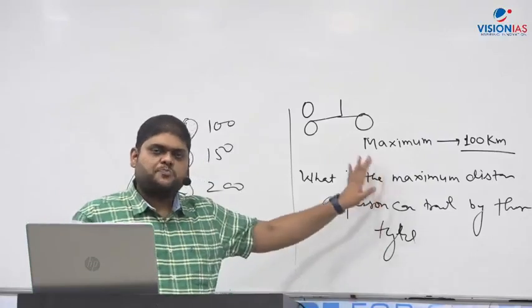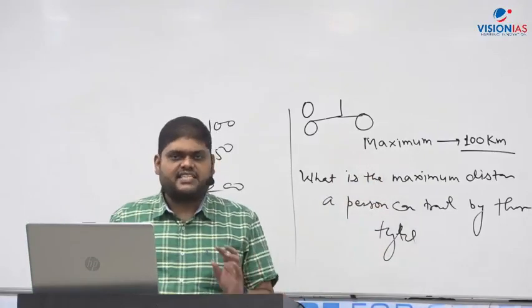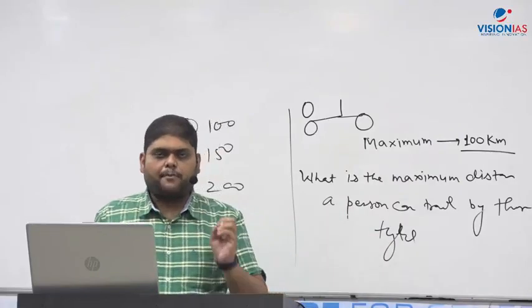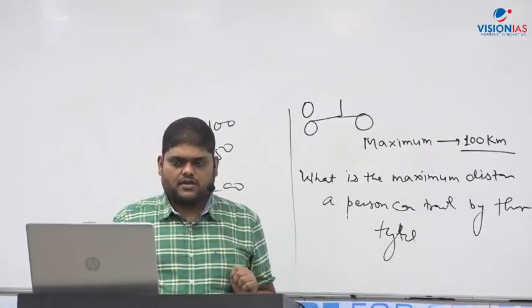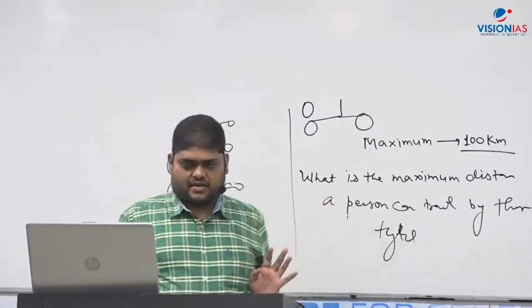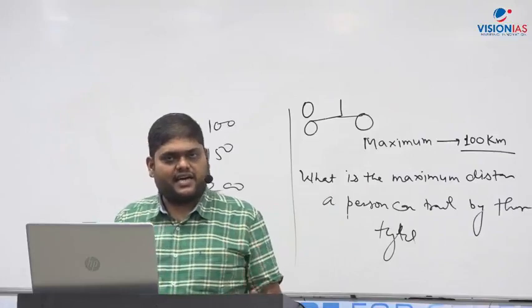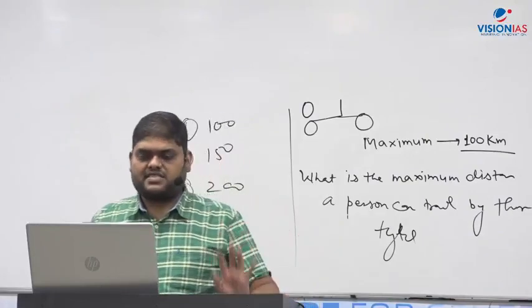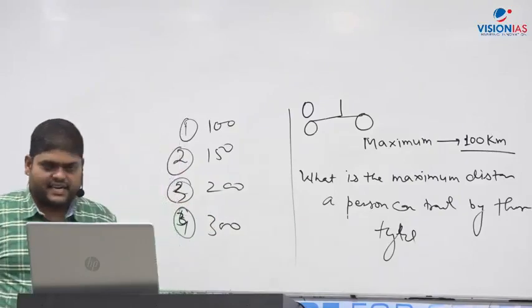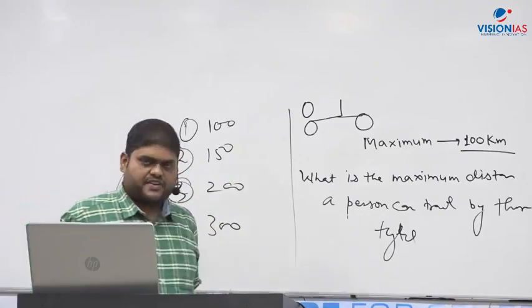This question has potential to come in the examination. The reason is that it is not a calculation-based question, but a pure concept-based question, and here chances are people will make mistakes. Some people are saying 100, some people are saying 150.